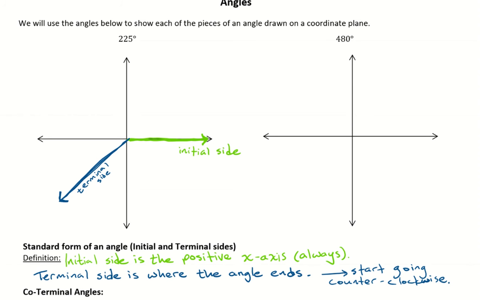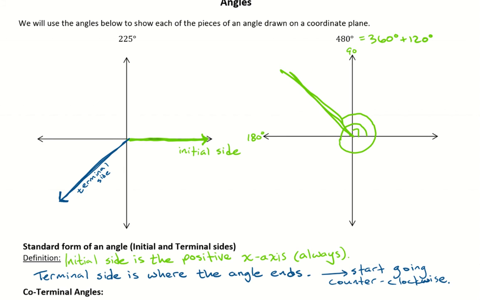If we started here, this would be 360, and then you keep going for another 120 degrees, because 480 equals 360 degrees plus 120 degrees. So 120 is between 90 and 180, about 30 degrees past 90. So let's say it's that.